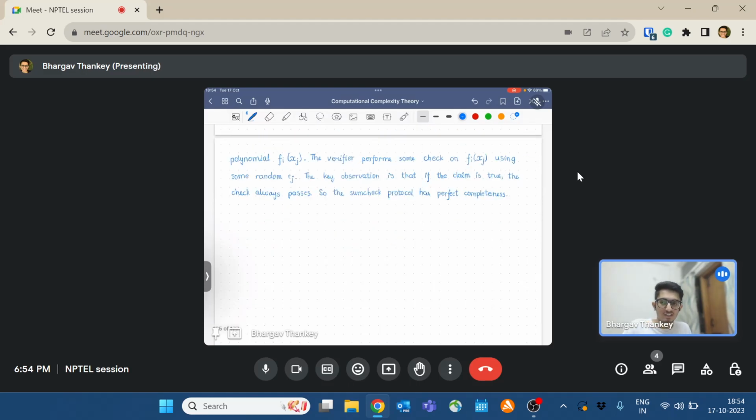Now let me quickly illustrate this idea with the sum check protocol that we already saw in class.